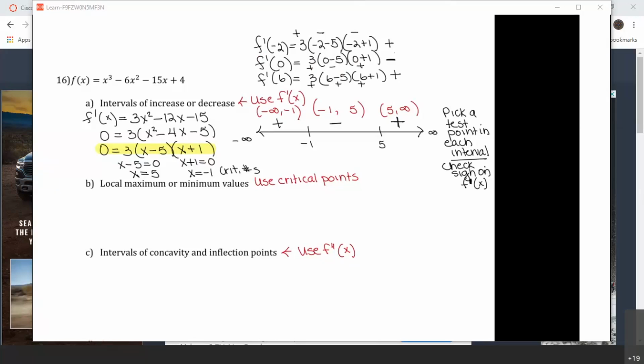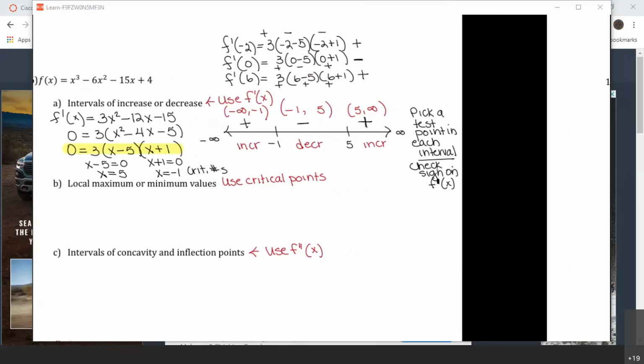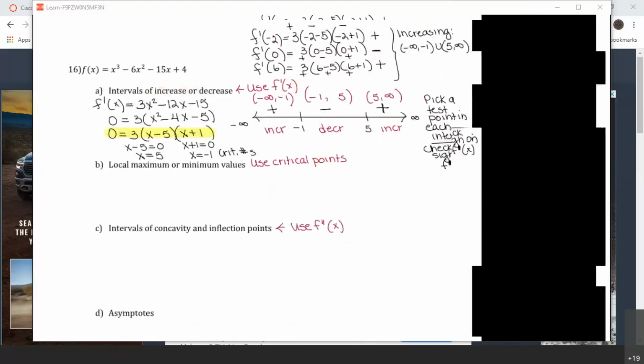Now remember, when your derivative's positive, your function's increasing. When it's negative, your function's decreasing. So my answer to this part would be increasing on 2 intervals, -infinity to -1, or 5 to infinity. I'm writing it with interval notation, sorry.